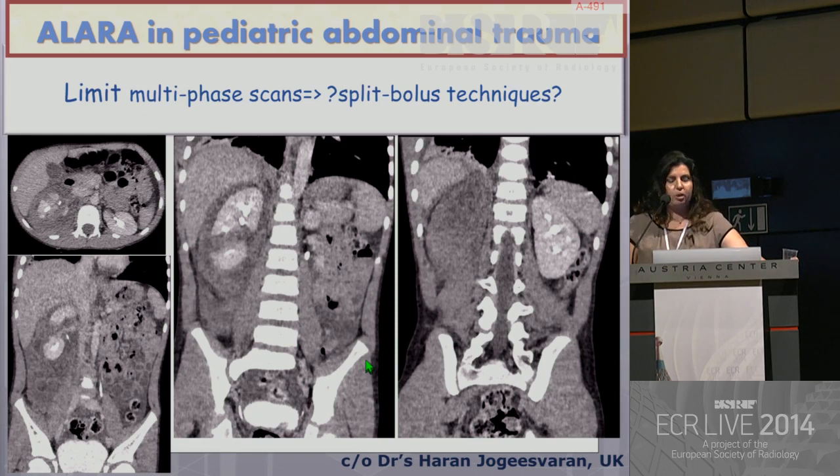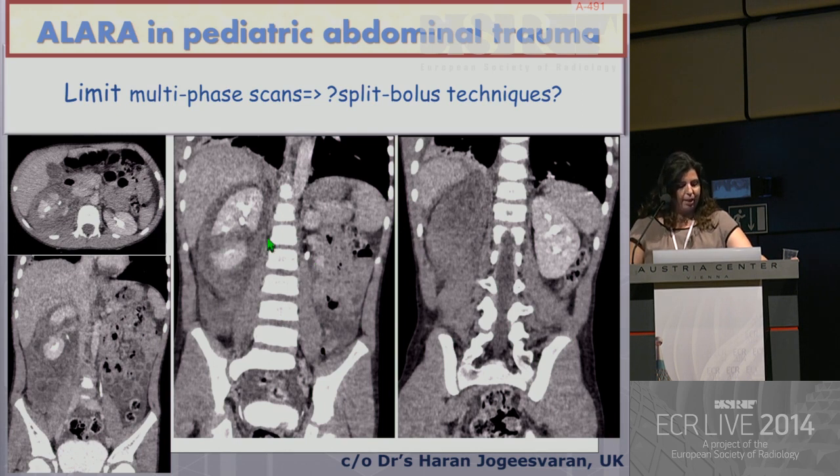One word for consideration: there's a lot of debate and nothing in the pediatric literature about the split bolus technique. If you have already done the ultrasound and you know that you have a renal abnormality, you can give one third of your contrast and wait for 4 minutes so that it gets excreted into the pelvicalyceal system, and then you can do a portal phase with the rest of your contrast.